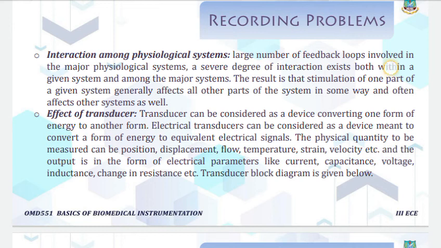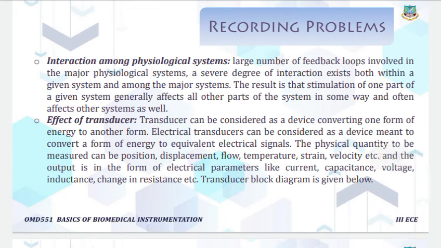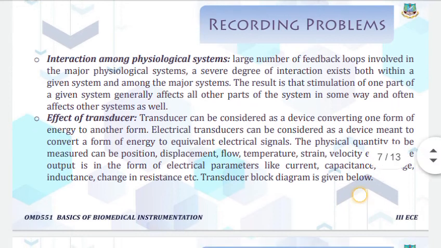Then the effect of the transducer. What is a transducer? It can be considered as a device converting one form of energy to another form. Here we are converting ionic current to electric current. So electrical transducers can be considered as devices meant to convert a form of energy to an equivalent electrical signal.